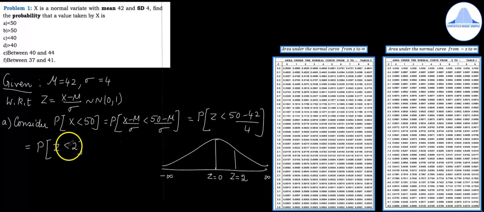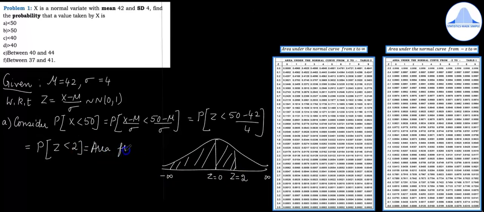Now look at the symbol. Because the symbol is less than, you have to shade to the left of 2. So shade from 2 to minus infinity.